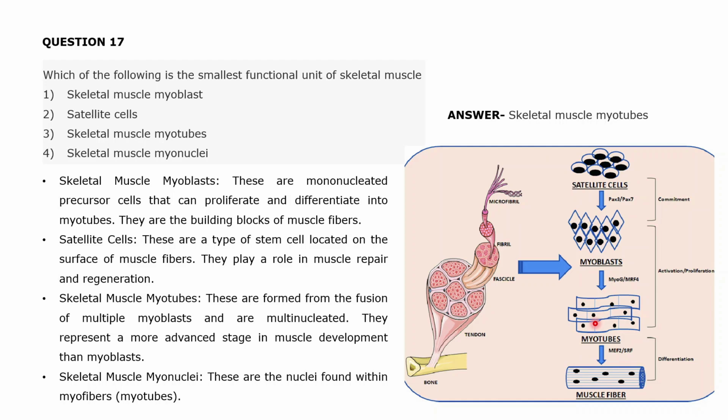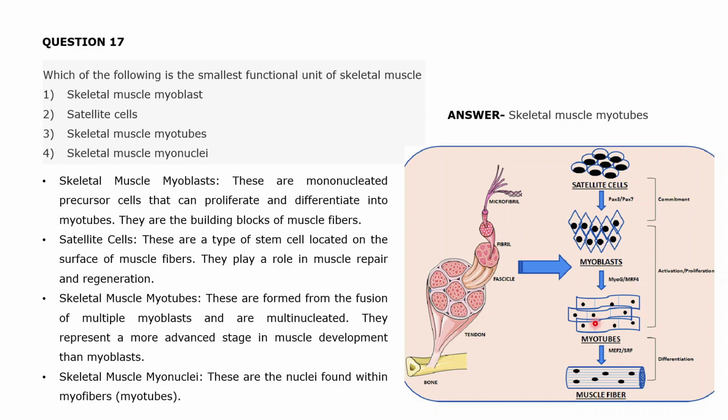So does anyone have any doubt? Like in the case of the central nervous system, neurons are the smallest functional unit, right? In the case of kidney, nephrons are the functional unit, right? So in the case of muscles, myotubes are the smallest functional unit. So I think this is quite clear.